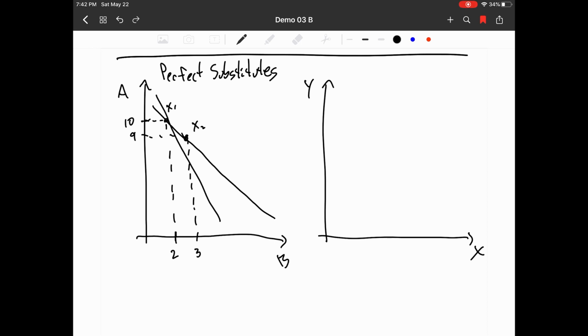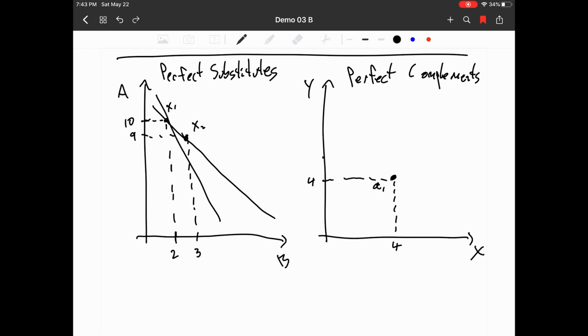With perfect complements, this is going to look pretty different. Let's call this point A1. And let's say this point is at 4 and 4. If x and y are perfect complements, that means I need more of both to be better off.